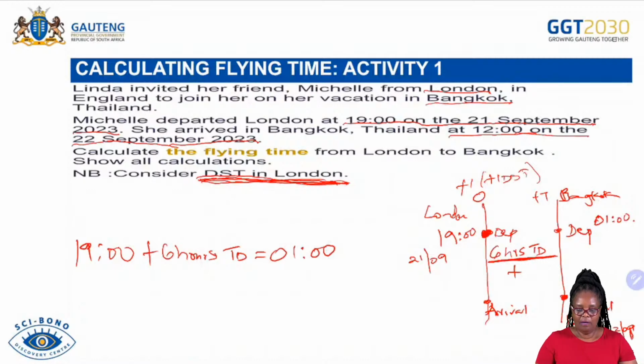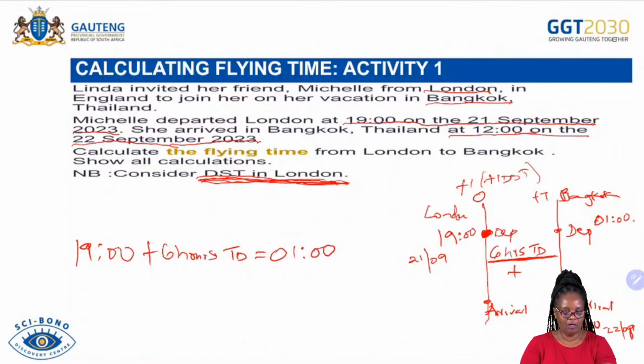Now, the next step, we calculate the flying time. How do we calculate flying time? It is 1 o'clock here in Bangkok. We move. This is our arrow here, it shows flying time, FT.